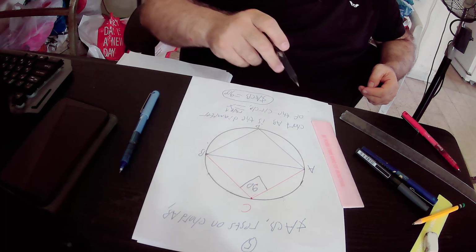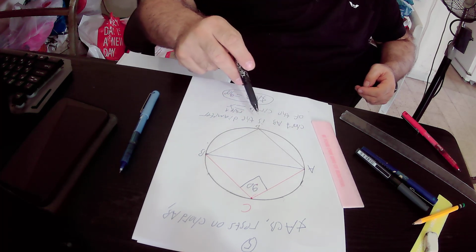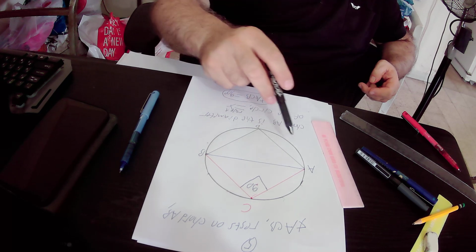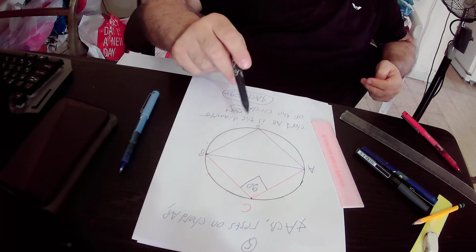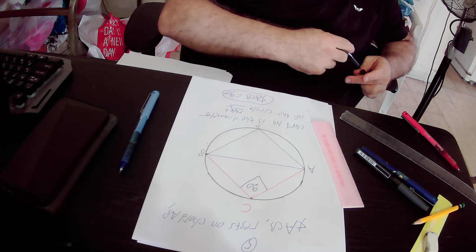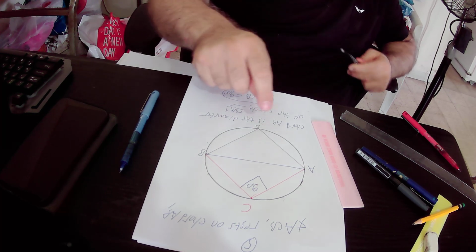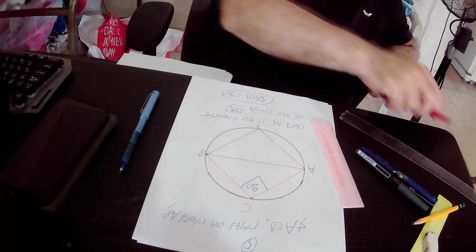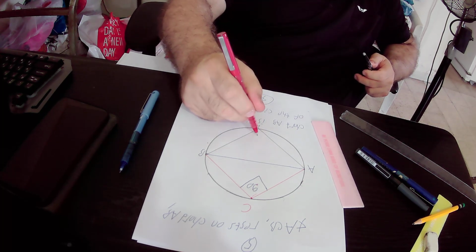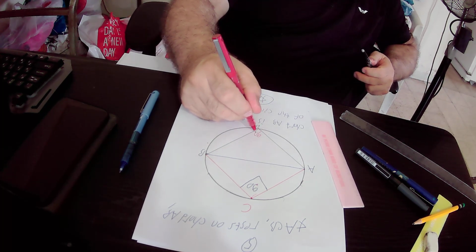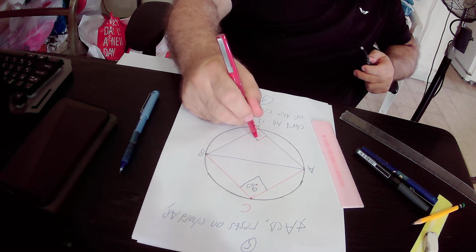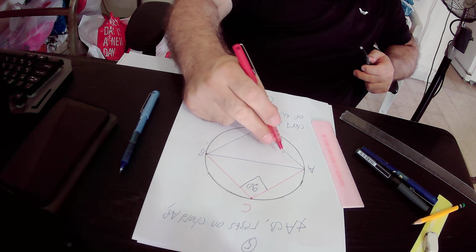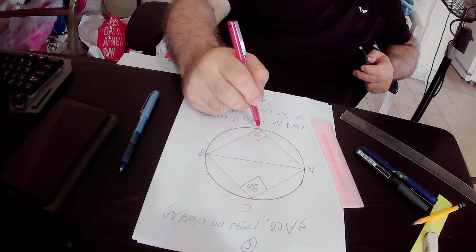So peripheral angle ADB also rests on AB, that is the diameter of this circle. For that reason, according to rule number 1, it equals 90 degrees.